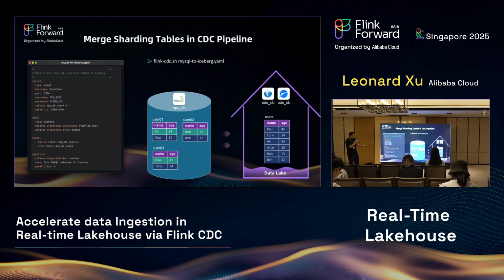So all table names starting with the user prefix will be captured and then merged into the single table ODSDB dot users table. In this way, you can finish merging all sharding tables in a CDC pipeline. You only need to write a YAML file and execute one bash script to start the Flink CDC job.